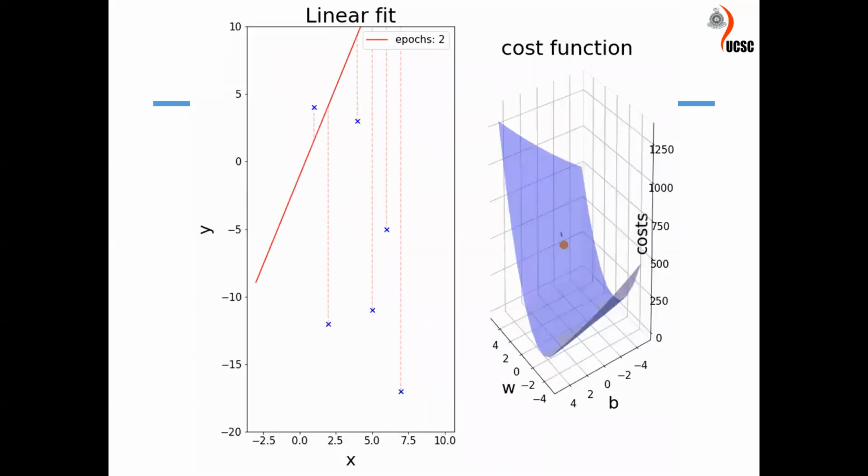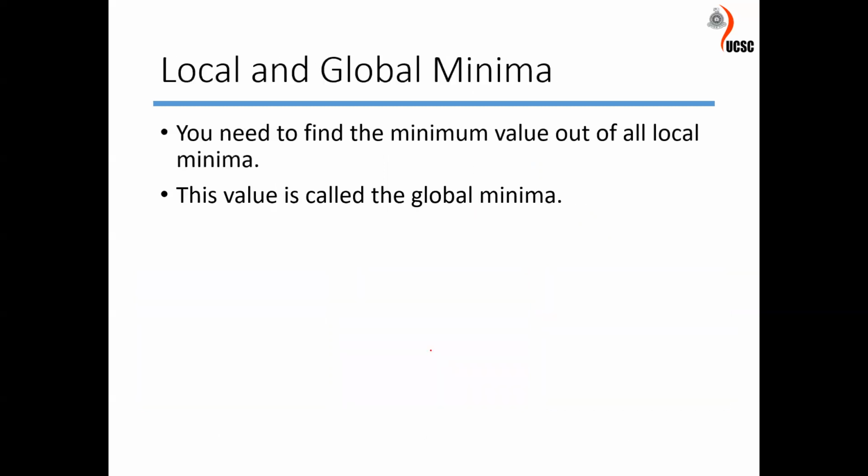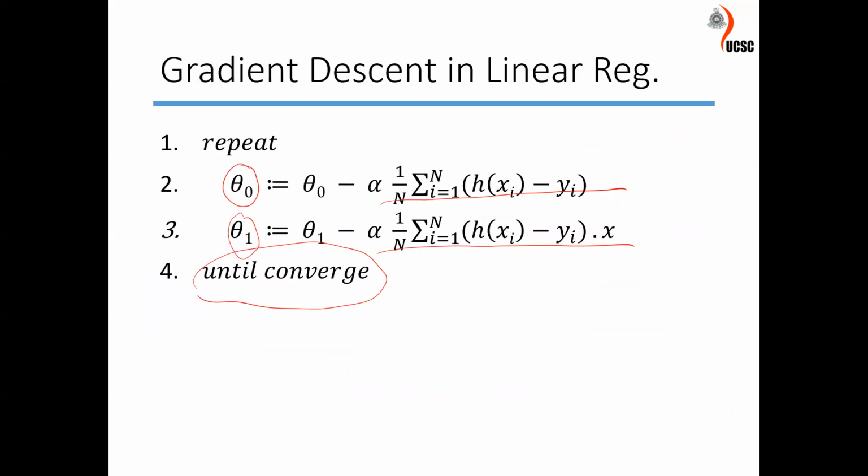When you are using the gradient descent algorithm, you should keep the alpha in mind. If you make alpha larger, you will miss the minimum at the bottom. If you have a smaller alpha, you will have to spend a lot of time to come to the bottom. Then there are global and local minima.